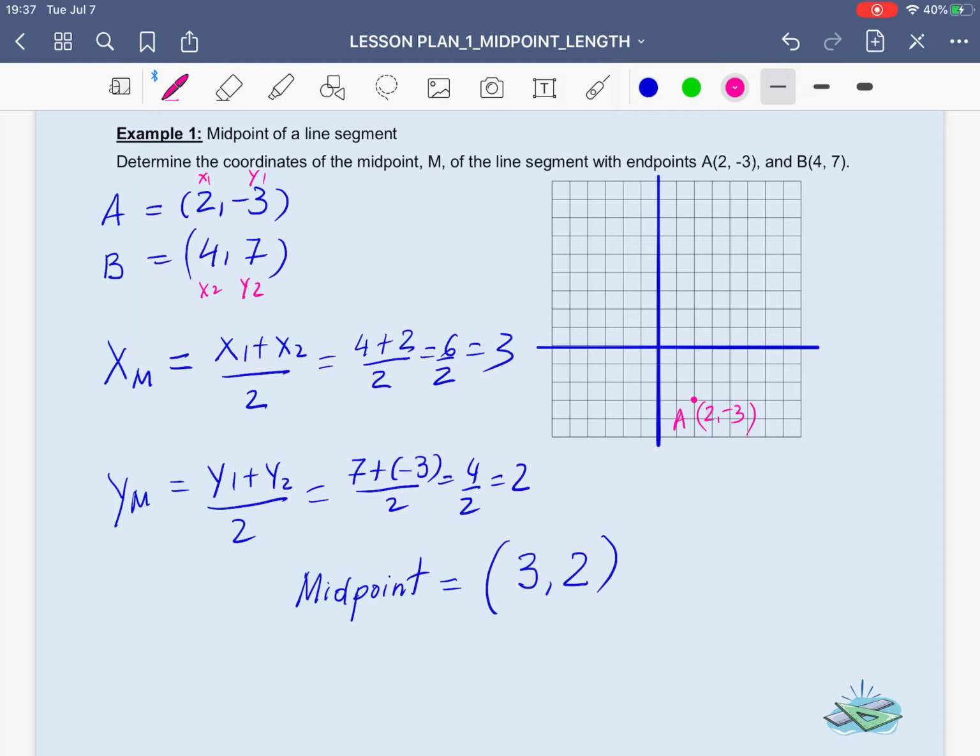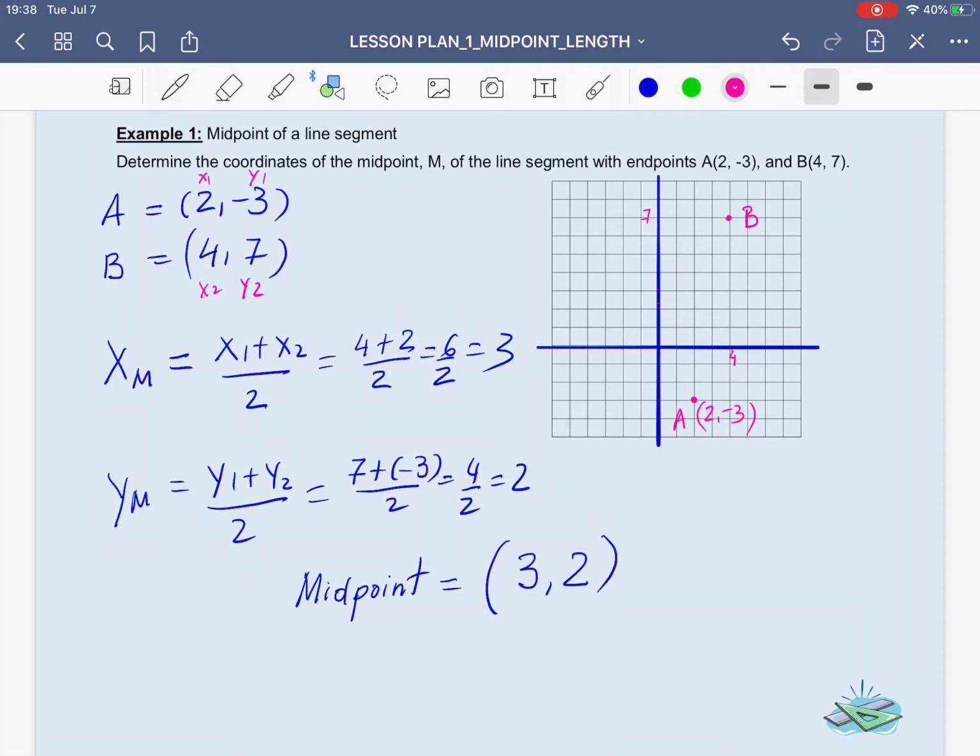So x equals 1, 2, 3, 4 here. X equals 4 and y equals 7. 1, 2, 3, 4, 5, 6, 7. So 7 right here. And we'll say that 4 and 7 will be the point B right here.